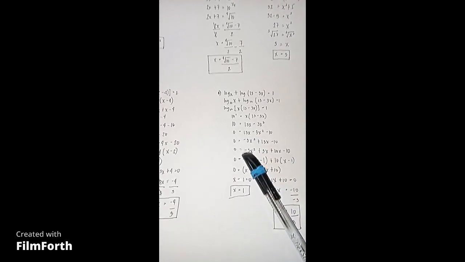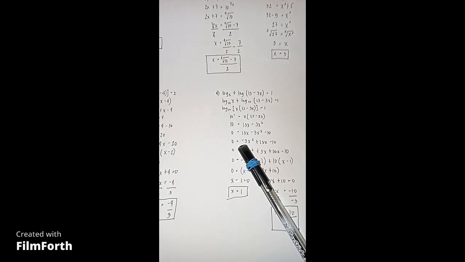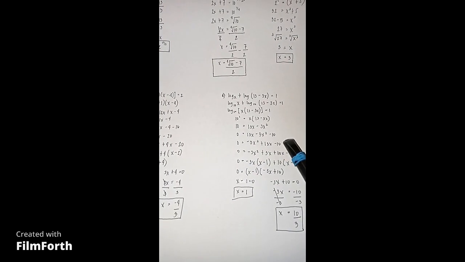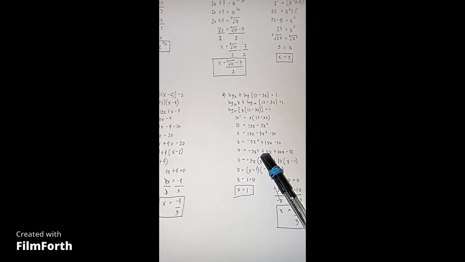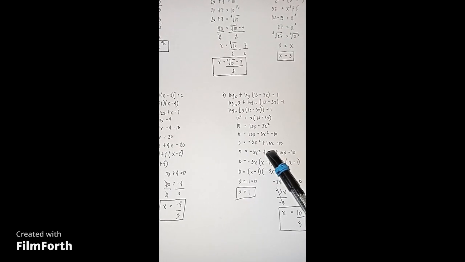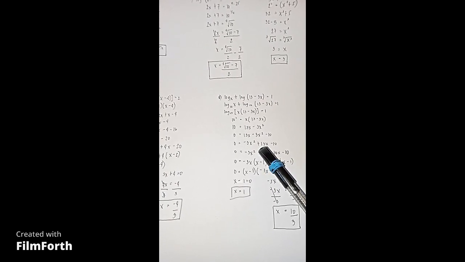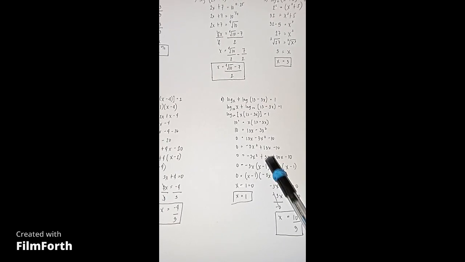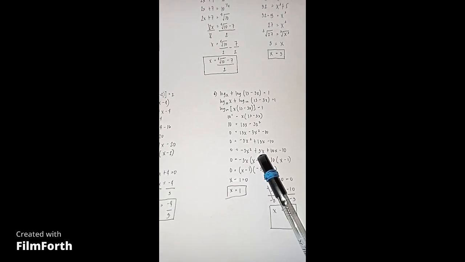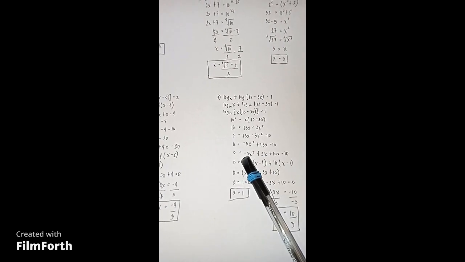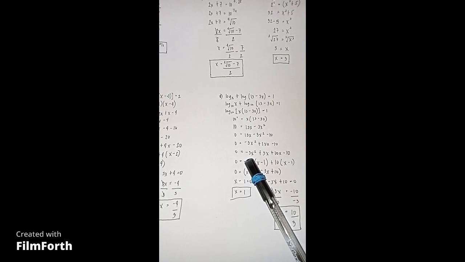So here, the negative 3 times negative 10 is positive 30. So we need to find the factors of 30 that can add up to positive 13. So I just put 3 and 10, so that equals for both of positive 13.